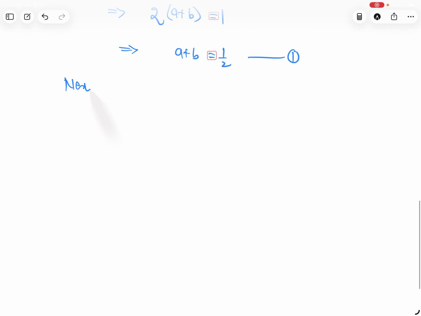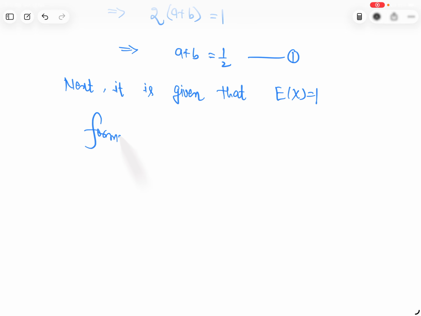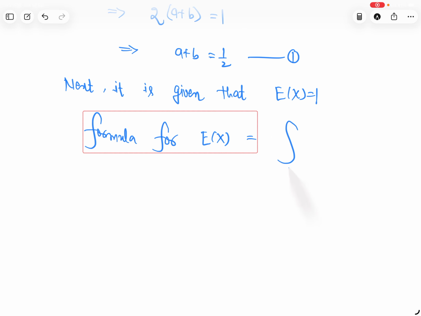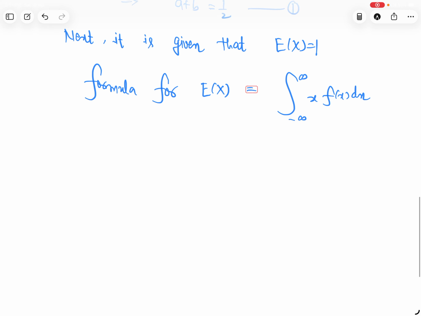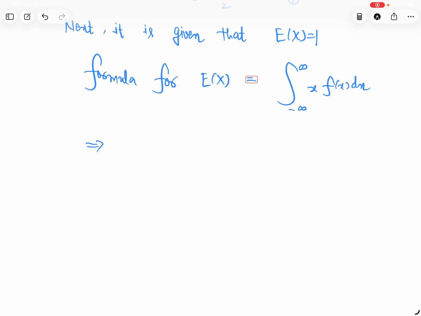Next, it is given that E(x) is equal to 1. The formula for E(x) is the integral from minus infinity to infinity of x f(x) dx. So this implies the integral of x f(x) dx is equal to 1. Again we can break this integral into 3 parts.